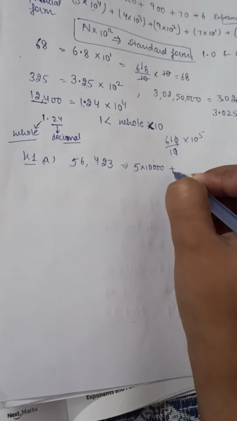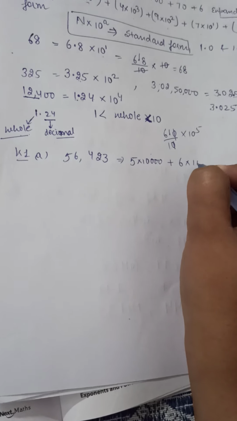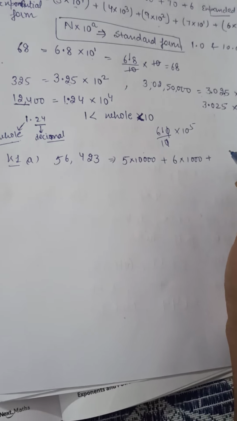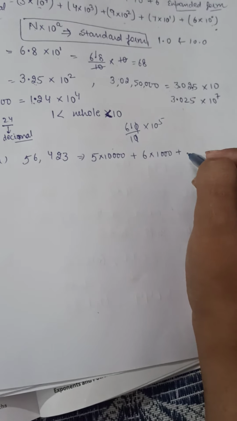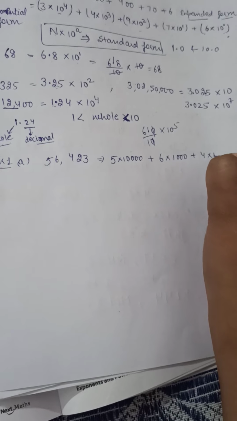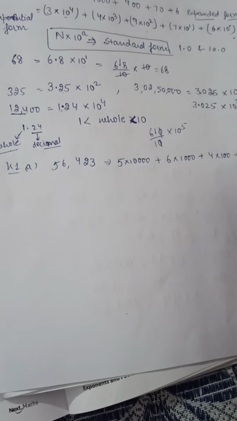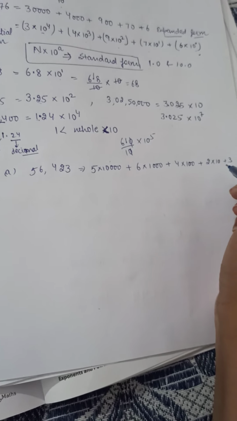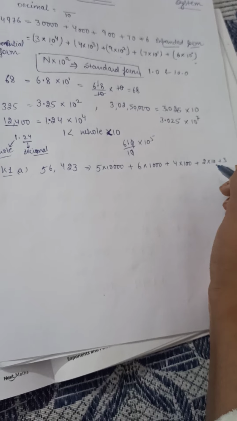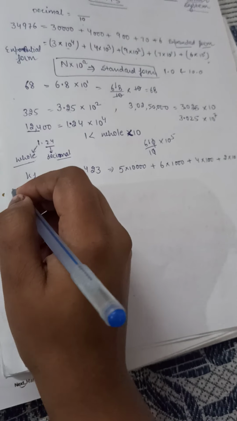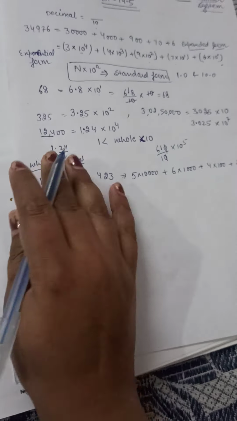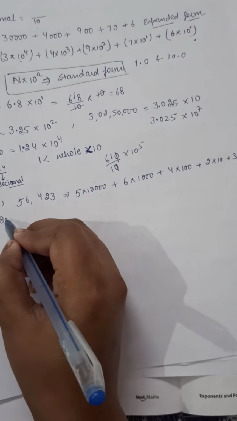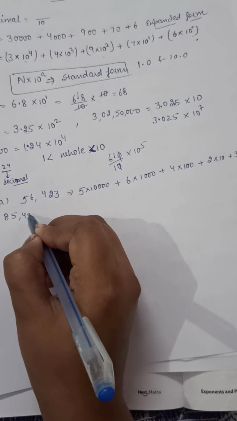Then plus 6 multiplied with 1000. That you are writing in second class, third class, the same expanded form is there. 4 multiplied with 100 plus 2 multiplied with 10 plus 3 as it is. Clear? Like this you have to do. Now see one more part, the B part of this, that is 85,454.